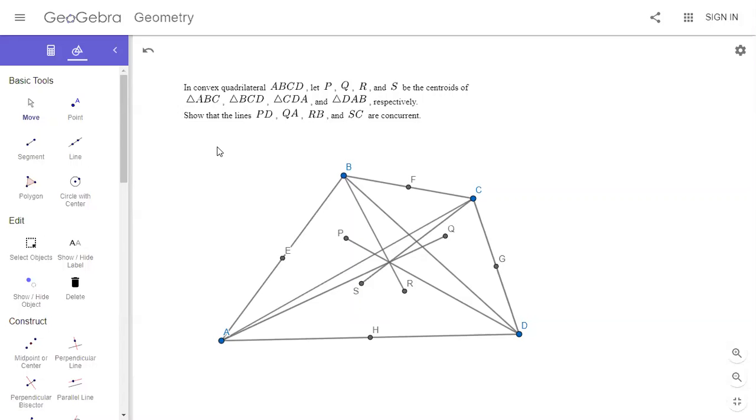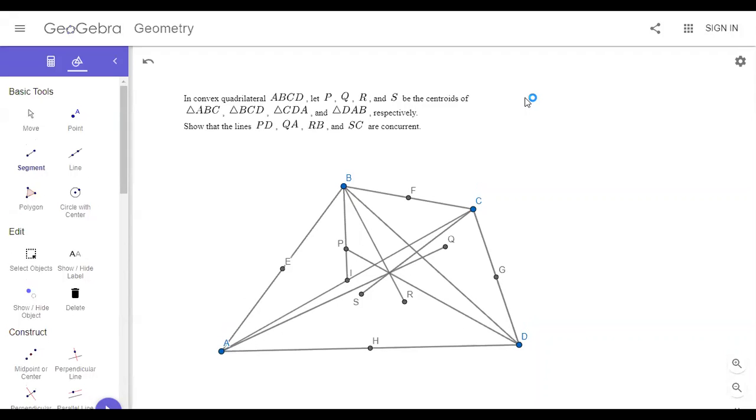I think we should start with, you know what idea I have? P is the centroid of ABC, right? So it lies on the median BI, and it's 2/3 of the way from B to I. Let's see what Timo says. QP is parallel to AD. Let me think about that.